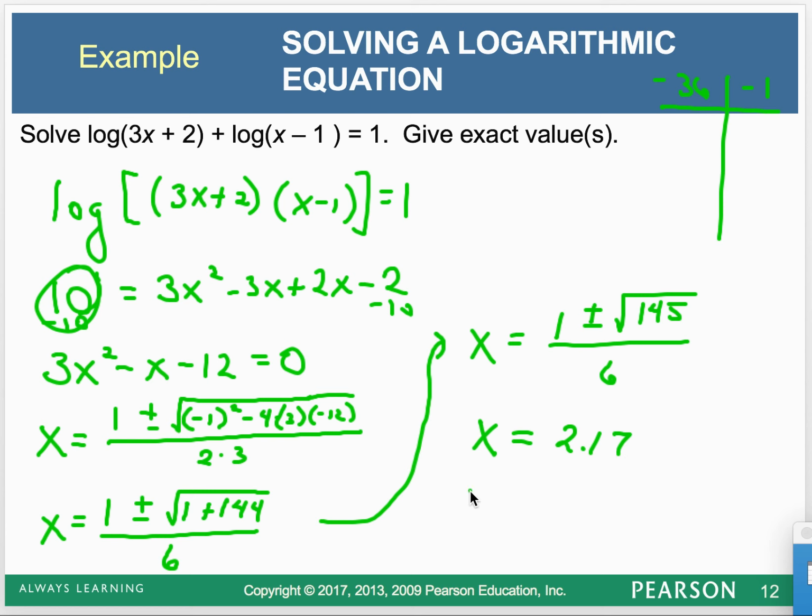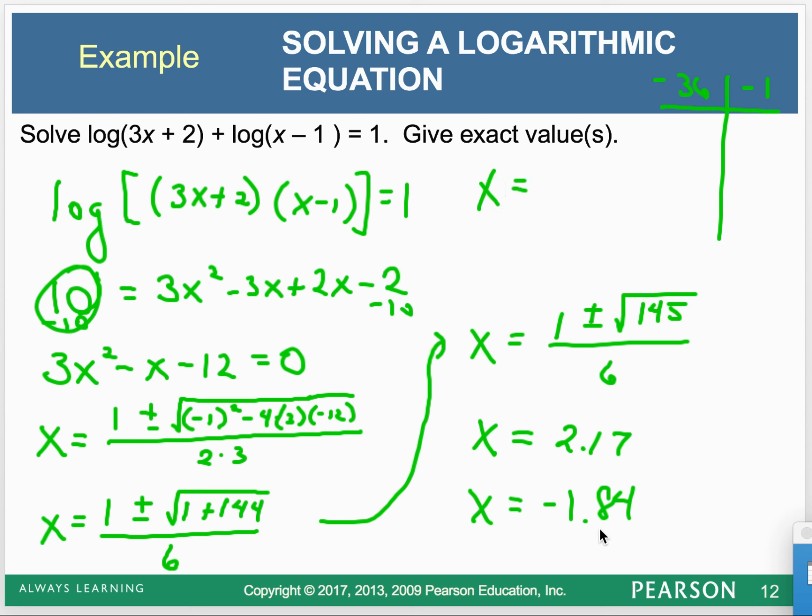We knew it was negative something, right? Negative 1.84. So let's try to plug these in. Okay. So this one's going to be positive, right? Because 3 times 2 is 6, that's positive. 2 minus 1 positive. So this one's okay, the plus part.